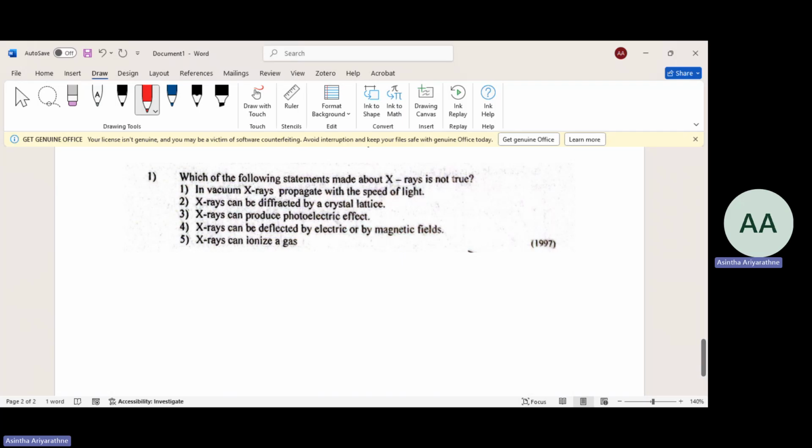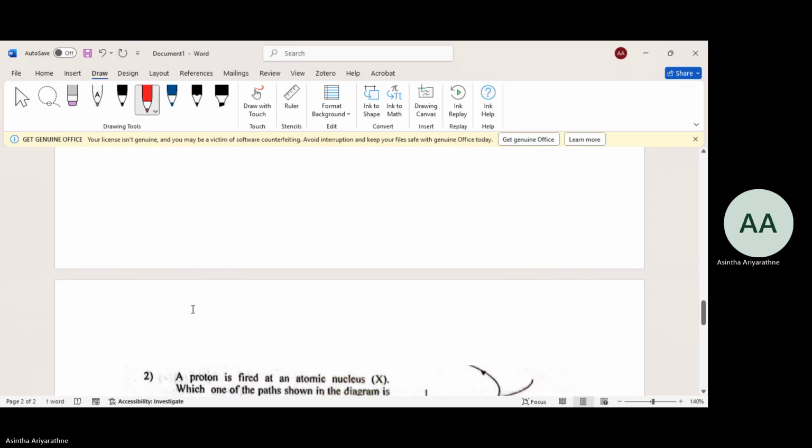Which of the following statements made about X-rays is not true? In vacuum, X-rays propagate with the speed of light. Correct. X-rays can be diffracted by a crystal lattice. Yes. X-rays can produce the photoelectric effect. Yes. X-rays can be deflected by electric and magnetic fields, and can ionize gas. Not true: photons cannot be deflected using electromagnetic fields.